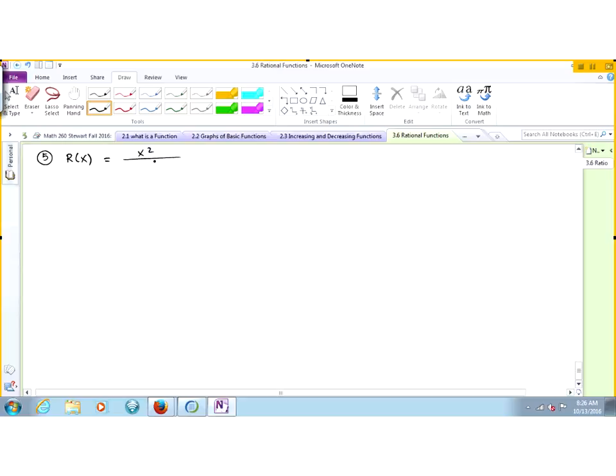So f of x is equal to x squared divided by x minus 2. A, vertical asymptote. B, non-vertical asymptote. So you've got to do what?